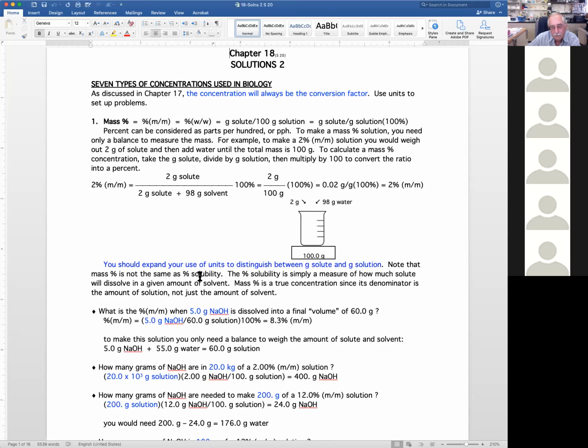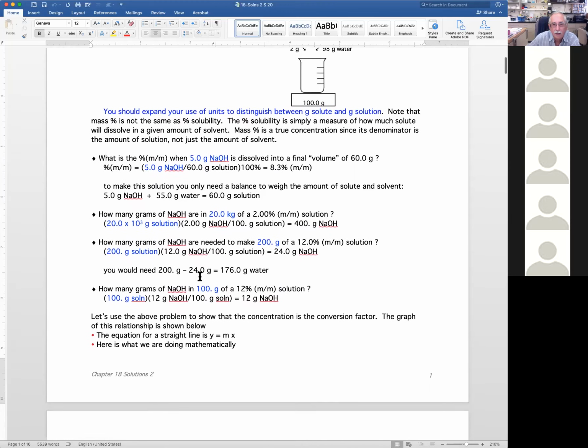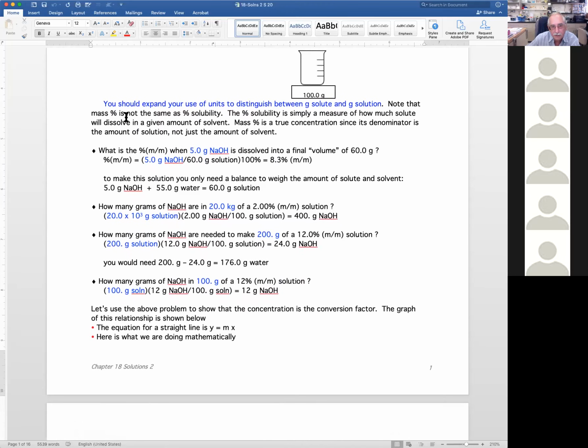So for the calculations that go with this, I would really highly suggest that you expand the use of units, because it's grams and grams. Why don't we just say grams of solute versus grams of solution? Here's what I mean.